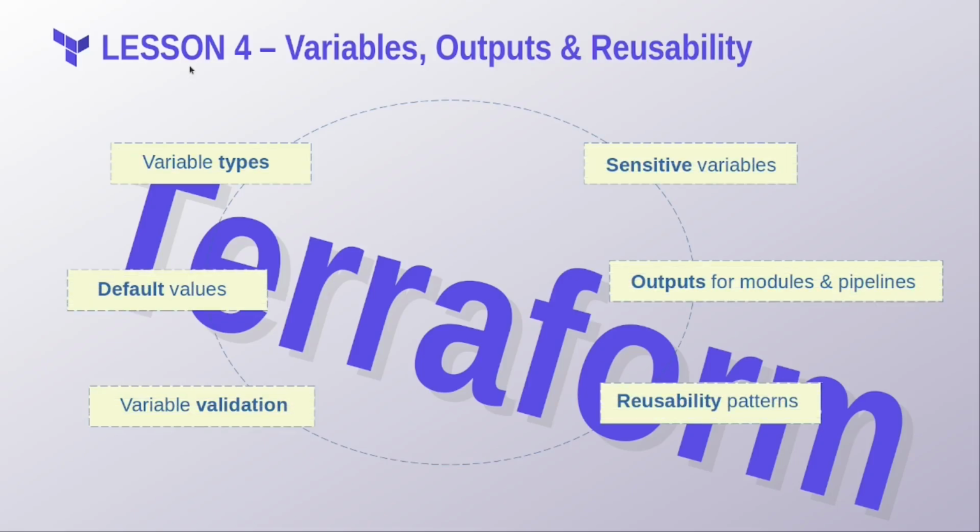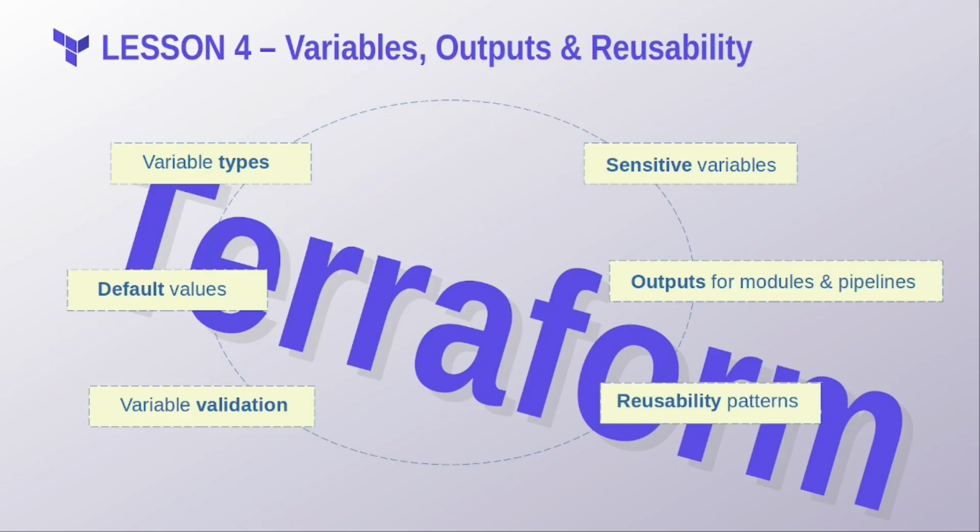This lesson is extremely important because today we answer a very practical question. How do you write Terraform code that can change, scale, and be reused? If your Terraform code only works for one environment, one region, one server type, then honestly, it is not real infrastructure.